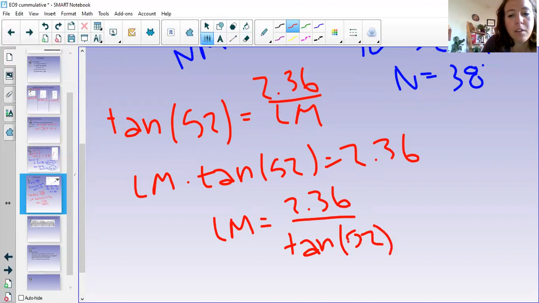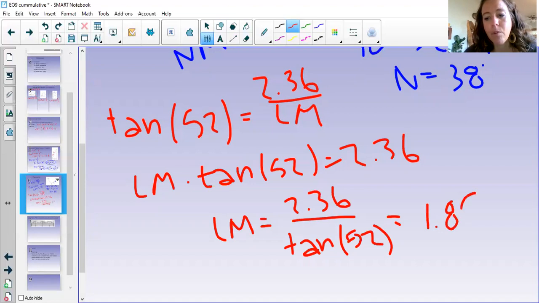When you plug this into your calculator, 2.36 divided by tangent of 52, we get 1.85. And I now have a completely solved right triangle. I know all the side lengths and all the angles. Pretty cool, right?